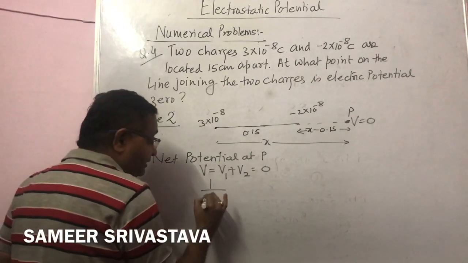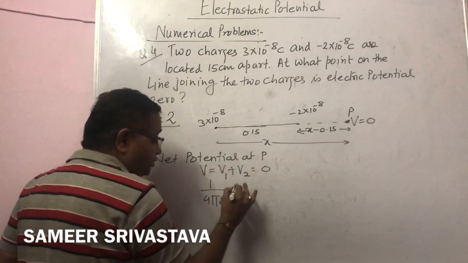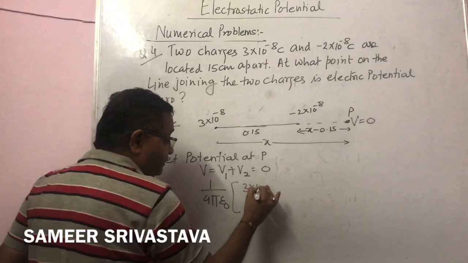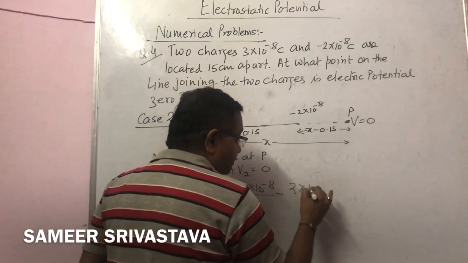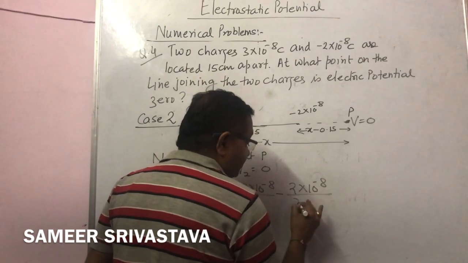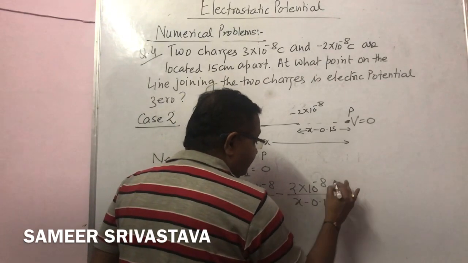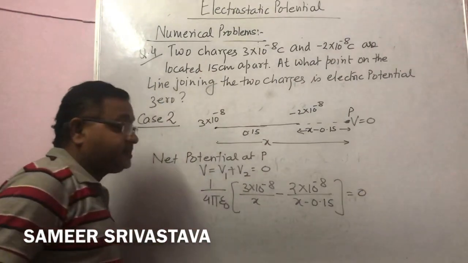Put the values here. 1 upon 4 pi epsilon naught is common. 3 into 10 to the power minus 8 upon x minus 2 into 10 to the power minus 8 upon x minus 0.15, and this is equal to 0.